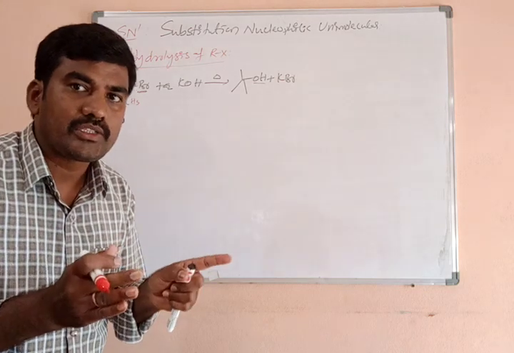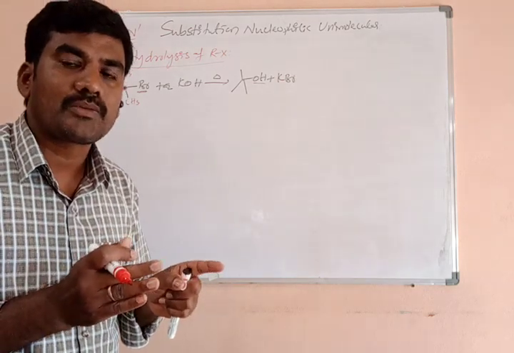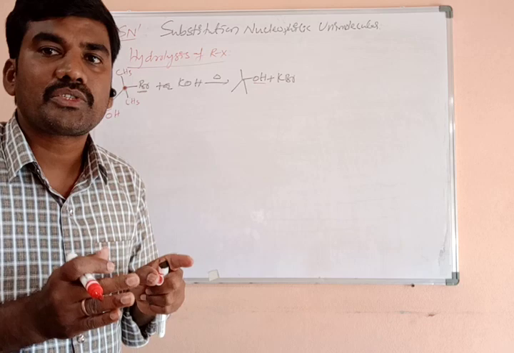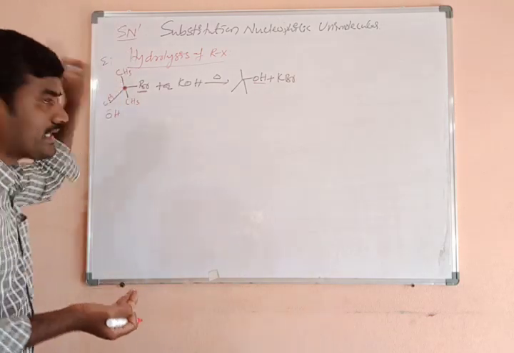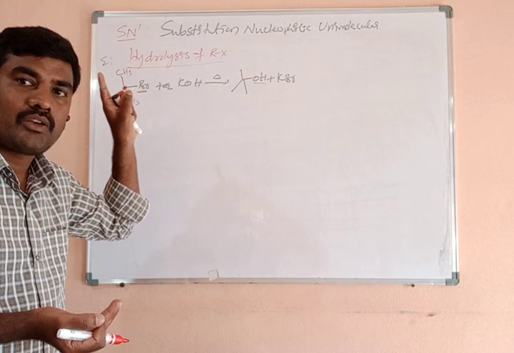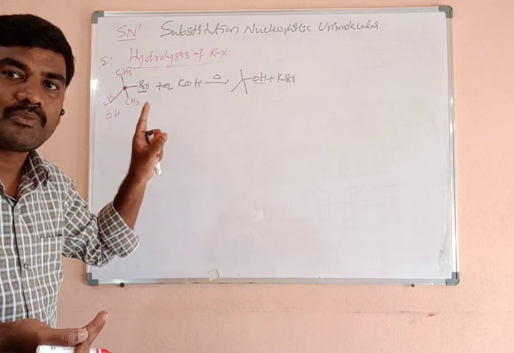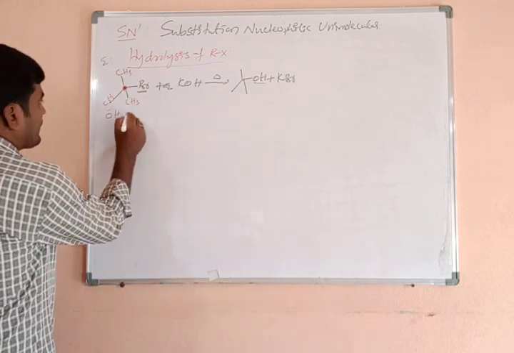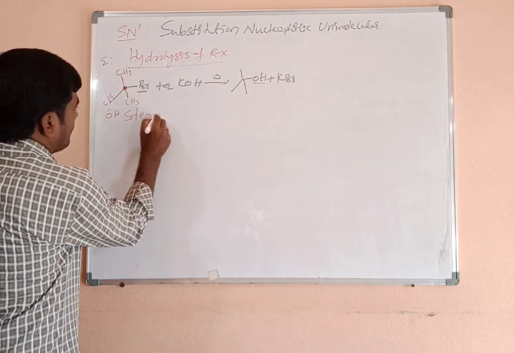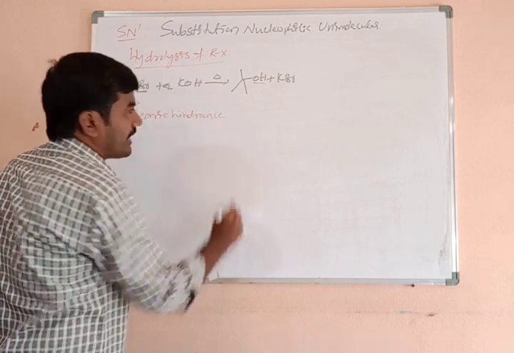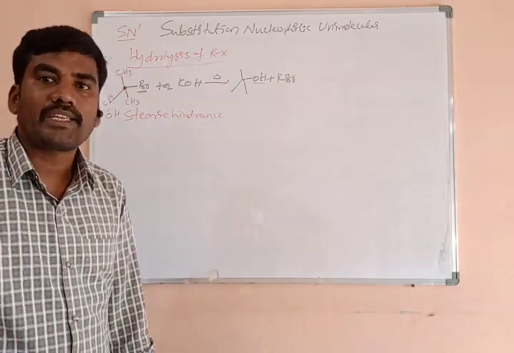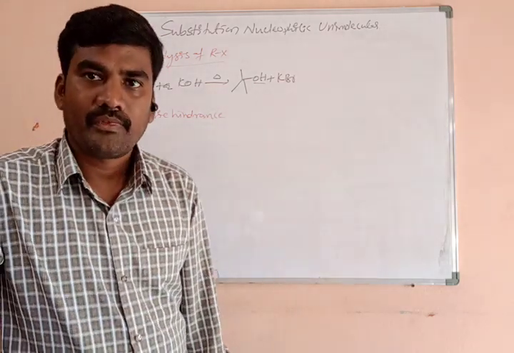Due to the repulsion between the nucleophile and the alkyl groups, the nucleophile is unable to approach the carbon atom from the side opposite to the halogen. This phenomenon is called steric hindrance.